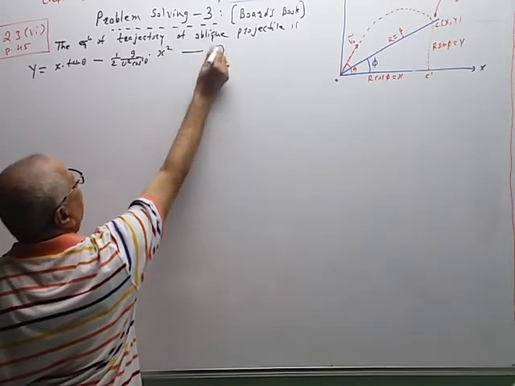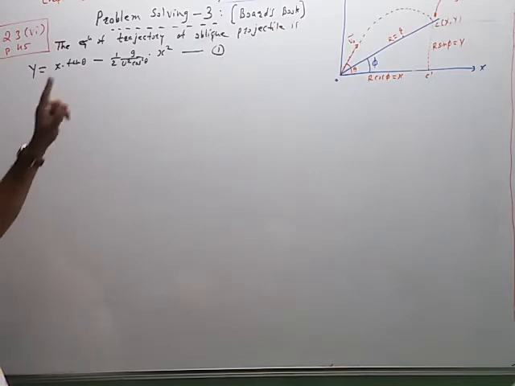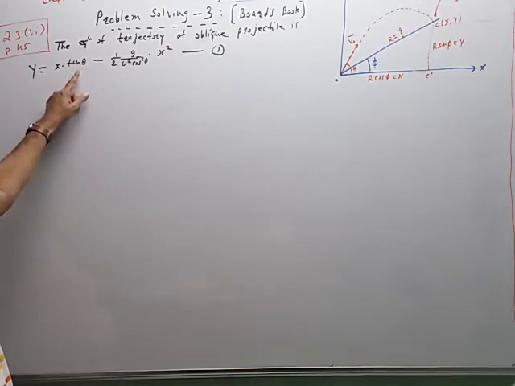So this is equation 1. This is the general equation for horizontal, where theta is the angle made with the horizontal like this.